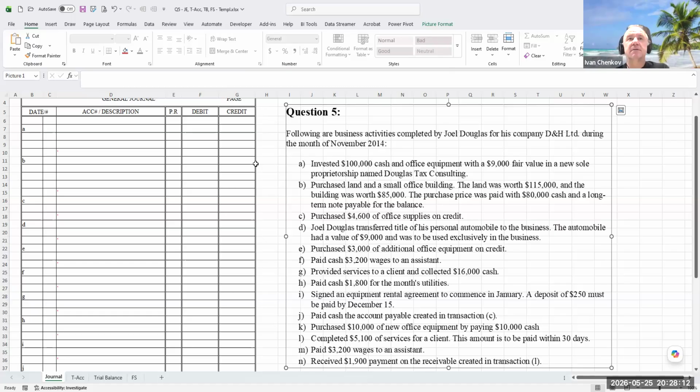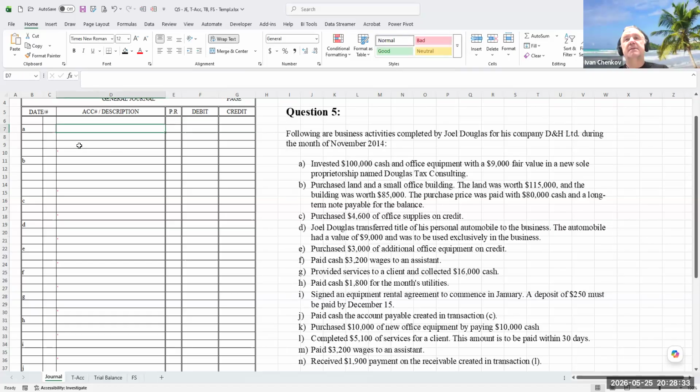In this case, let's go letter by letter now. The owner invested $100,000 cash and office equipment with $9,000 fair value in the new sole proprietorship, which is named Douglas Tax Consulting. On letter A, basically what happened is the owner invested two assets in this case.